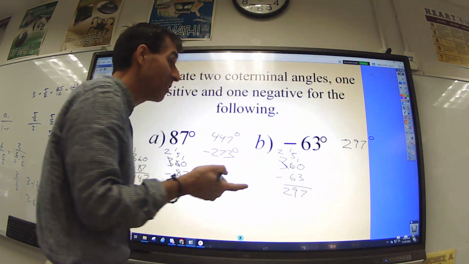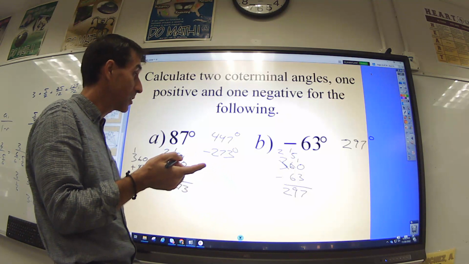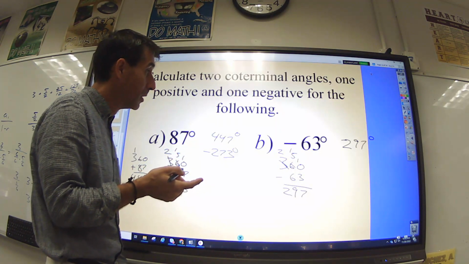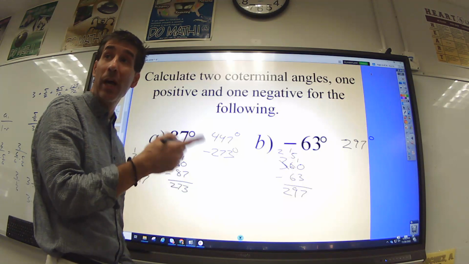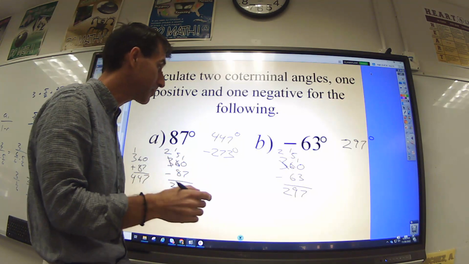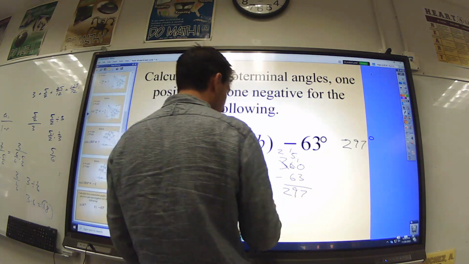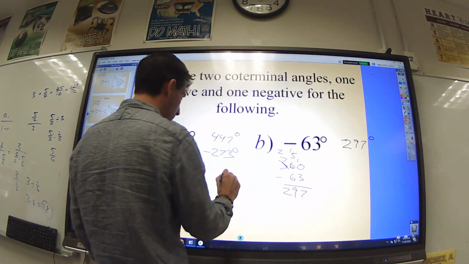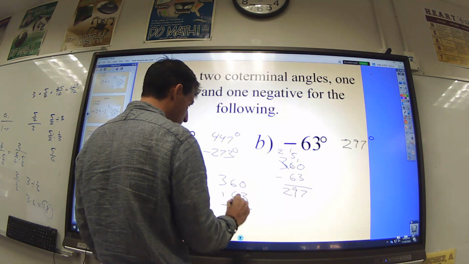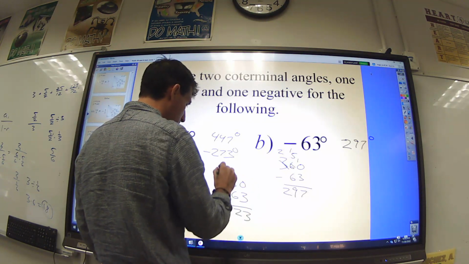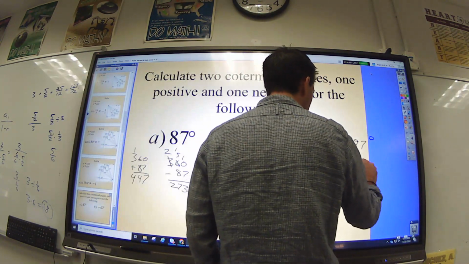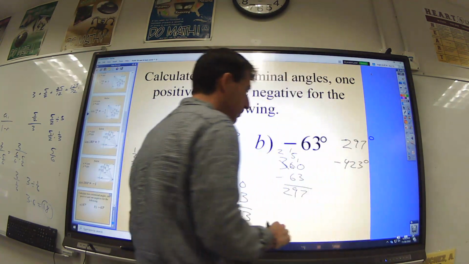And then to get the negative, if I'm subtracting 360, they're both negative, so you add the negative to the negative, right? So I got 360 plus 63. I'm going to add those up. Negative 423 degrees.